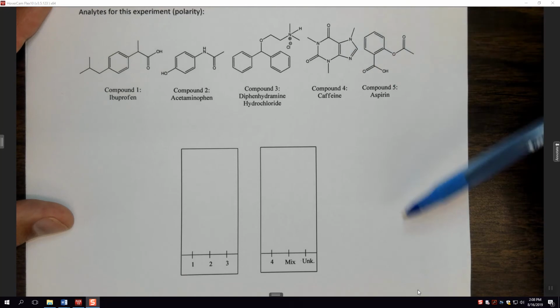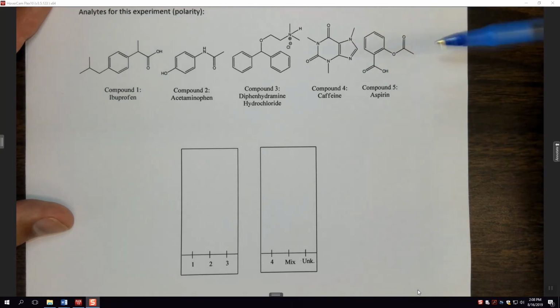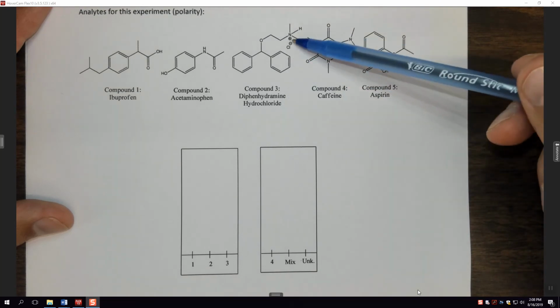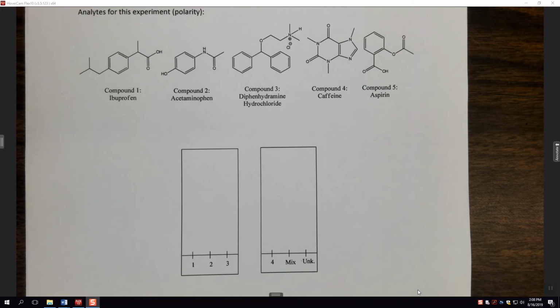Or caffeine, where you have these amine groups and amide groups. In the case of diphenhydramine, it's actually an ionic compound because you've protonated this nitrogen. So it's not as obvious which of these compounds is more polar and which is less polar. But the TLC data will probably give you some idea of what's going on.